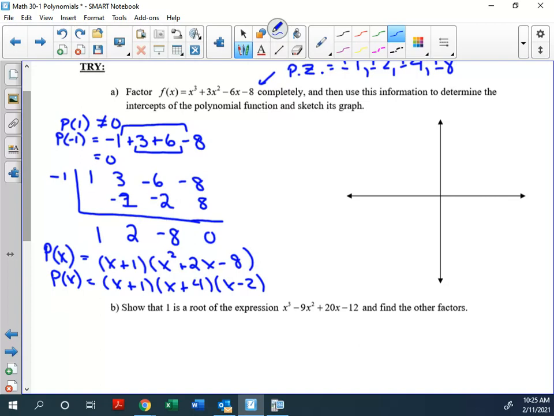All right. What's the y-intercept of this function? That constant gives us a lot of information actually, doesn't it? That's where my potential zeros came from. That's where my y-intercept comes from. I have x-intercepts, which come from the factored form. So I have (-1, 0), (-4, 0), and (2, 0).